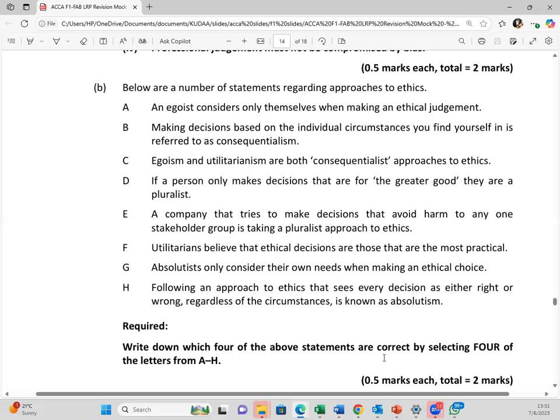Okay, egoism, to consider the outcome. If the outcome is beneficial to one person, it's egoism.